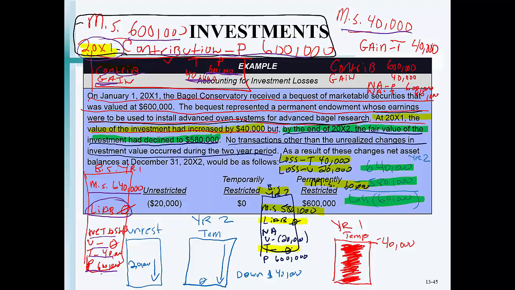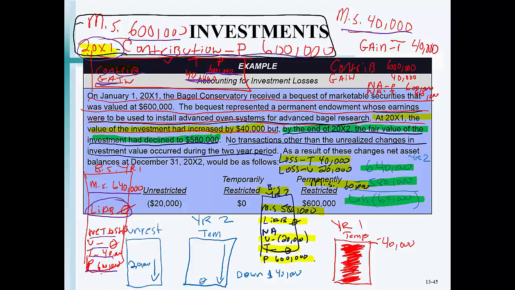Now it's at 0, isn't it? And the unrestricted was at 0, but we just took a $20,000 loss on that and closed it out to unrestricted. So unrestricted is now negative 20,000, right? And permanently restricted, nothing happened to it. It started out at 600,000. We haven't made any journal entries to it, so it stays at 600,000, right?